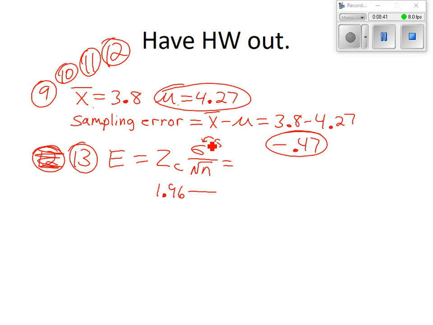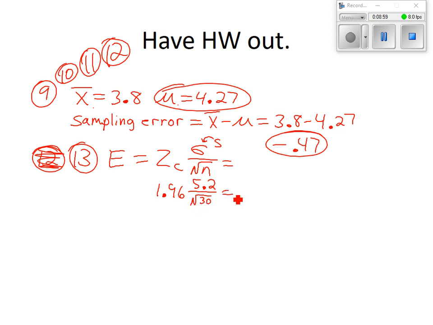And S this time was 5.2, is that right? And our N this time was 30.